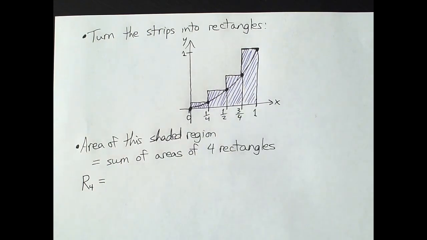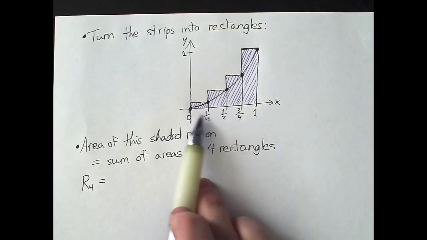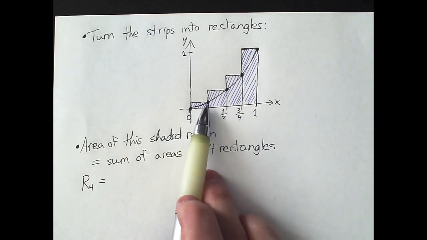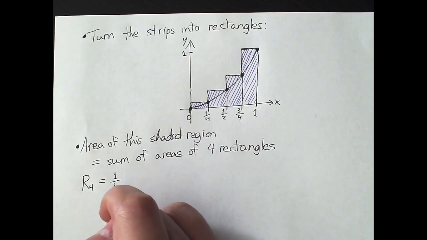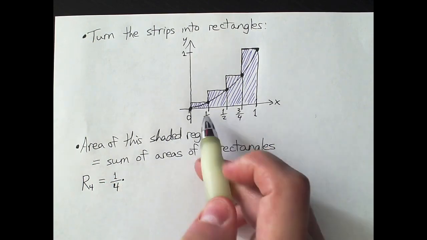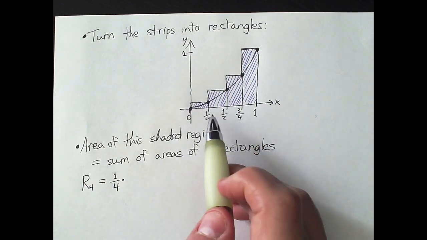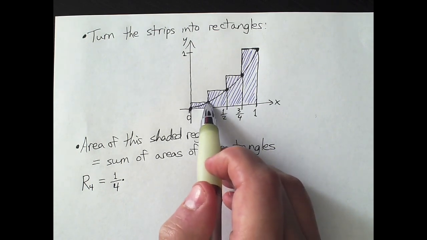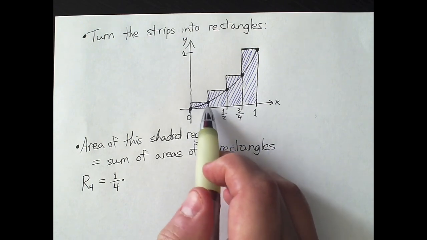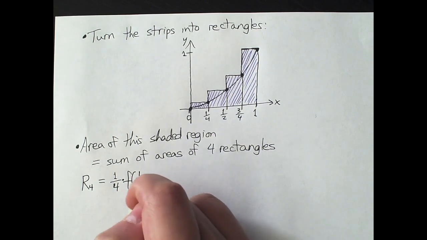Now, what's the area of each of these? Length times height, right? Or width times height. So the width of each of these looks like it's 1/4. So 1/4 times the height is the area of the first rectangle. What's the height of the first rectangle? Well, we don't know it exactly as a number yet, do we? But look at this. When x is 1/4, that's where the height of the rectangle is. When x is 1/4, how high is the function there? f of 1/4.